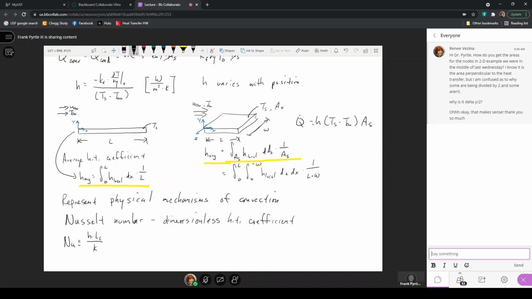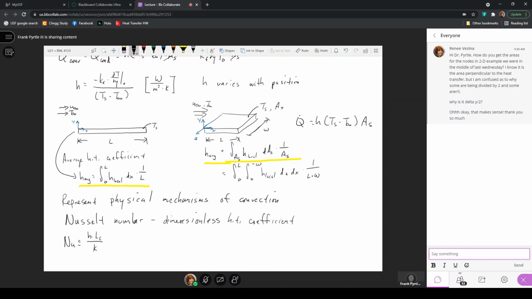So the Nusselt number has the same form, except the key difference here, I mean, it's still a convective heat transfer coefficient, a characteristic length, but the characteristic length is not going to be defined as a volume over a surface area, but it is a length that we'll consider divided by k.